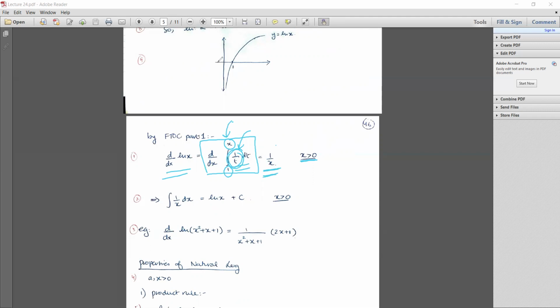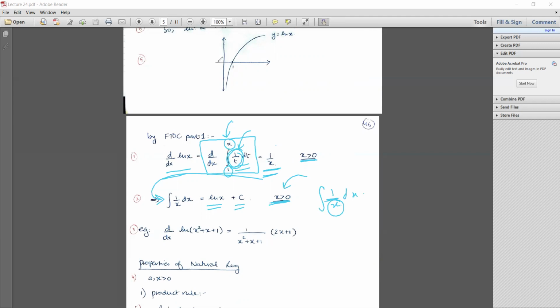And so correspondingly, the integral of 1 over x dx is natural log of x plus c. And for now, this is only when x is greater than 0. In a moment, I'm going to also evaluate this for when x is negative.